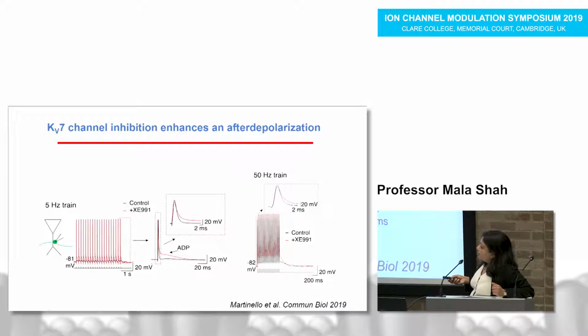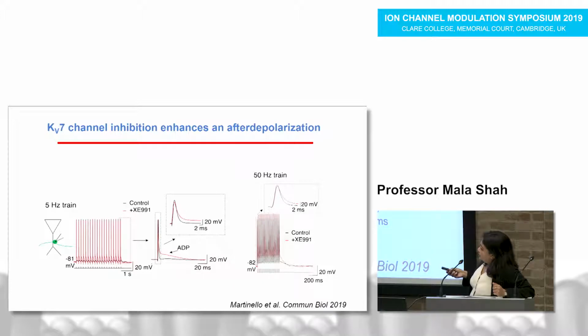So these are trains of 20 action potentials here at 5 Hertz. Under control conditions, you can see the black trace. You get action potentials with very little after depolarization, or ADP, that follows the action potential.